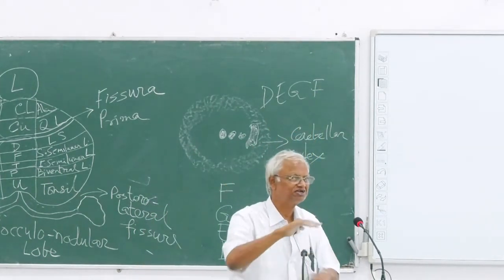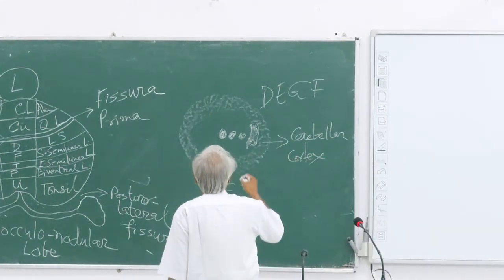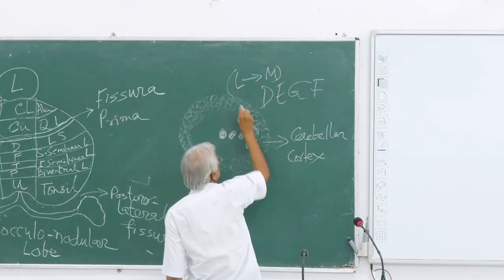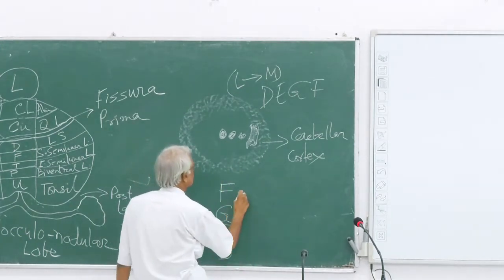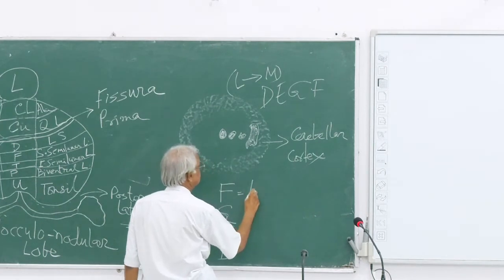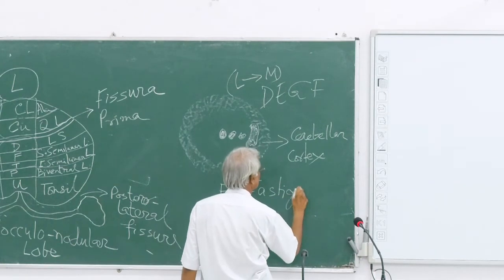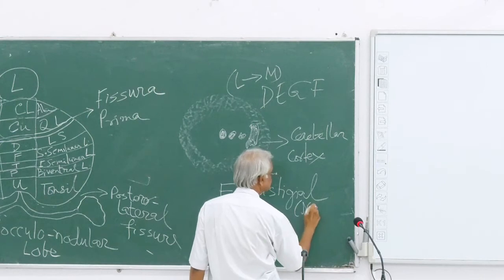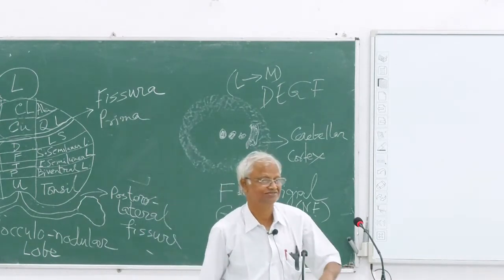Now I have written medial here. This is called the fastigial nucleus, or nucleus fastigii.